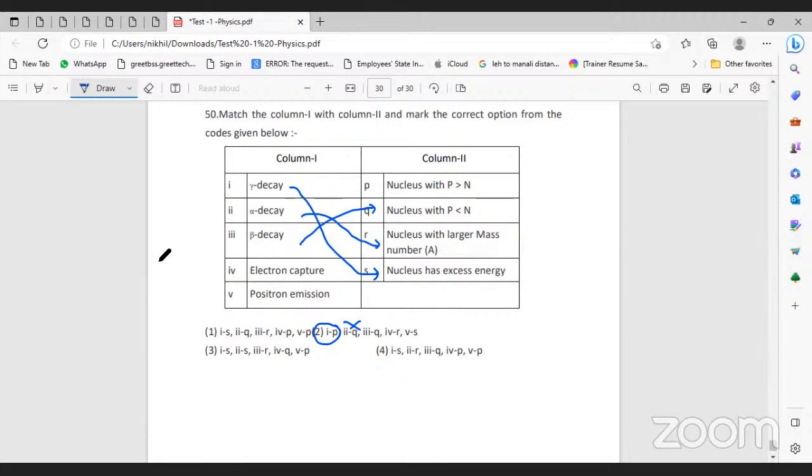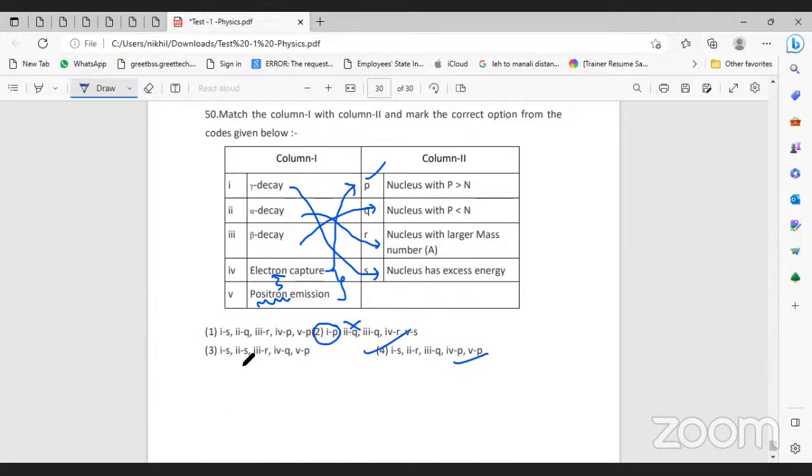So beta decay will have protons fewer compared to the neutrons. Electron capture or positron emission are both the same, because the positron is the antiparticle of the electron. For that electron capture or positron emission, the proton number should be more than the neutron number. So 4 and 5 should match with P. That is there in option 4. So option 4 is the right answer.